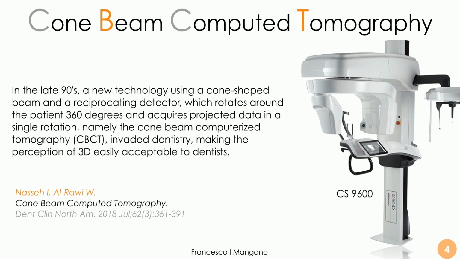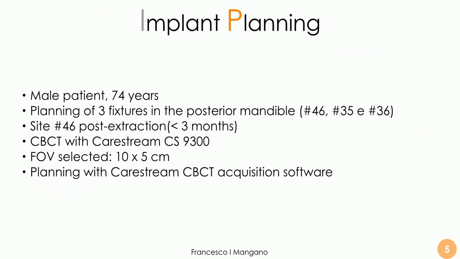Since the late 90s, it invaded dentistry, making the perception of 3D easily acceptable to dentists. Not surprisingly, this technology has been adopted by many digital dentists all around the world because it changed completely the way we make diagnosis and also the way in which we make our treatment plan.